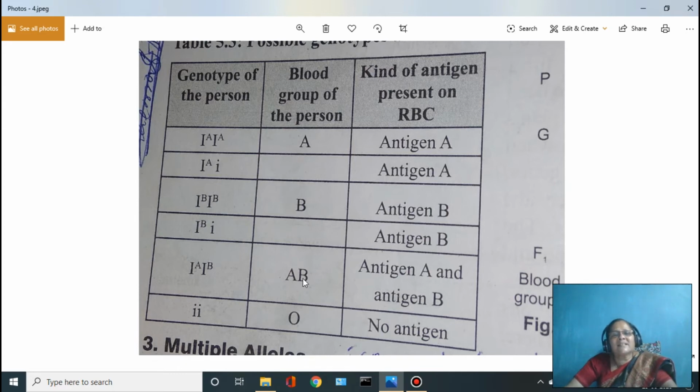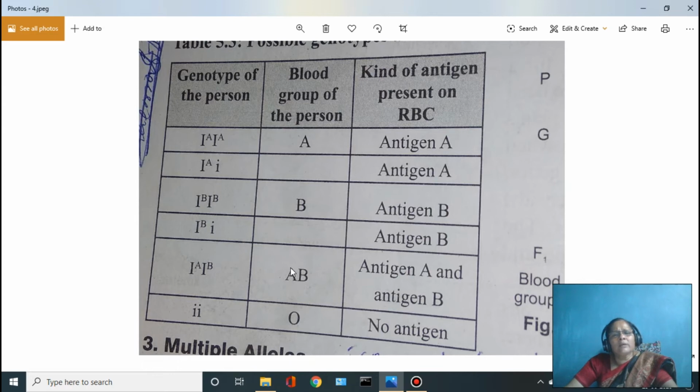That is theoretical. Normally, only in very rare situations do we collect blood from O, because O has no antigen, only antibodies, so agglutination may not take place. AB has both antigens but no antibody, so it can collect blood from all other sources.